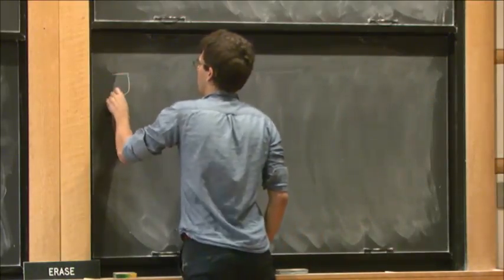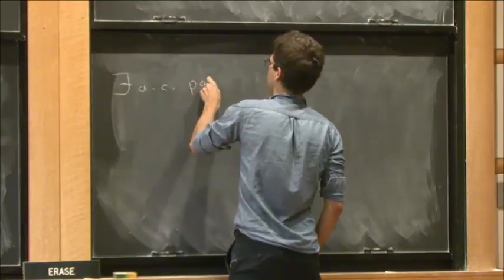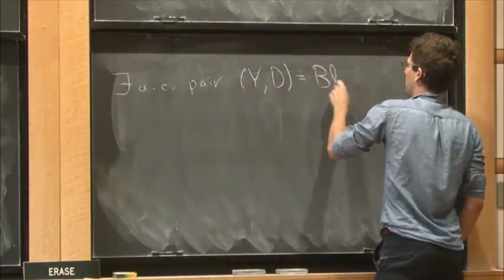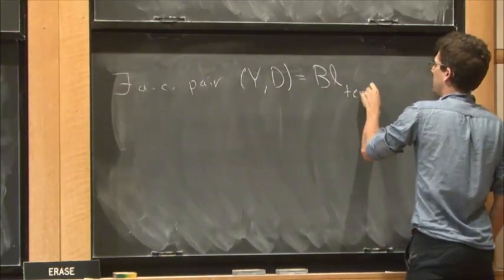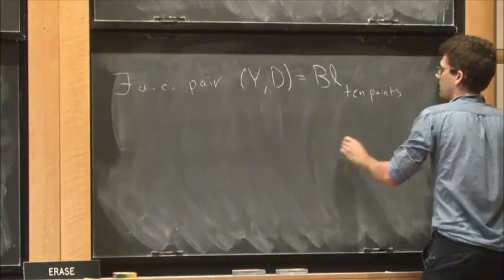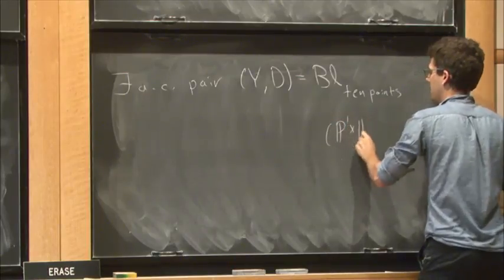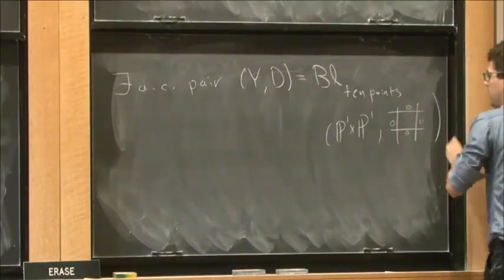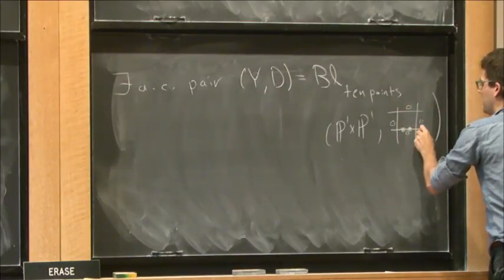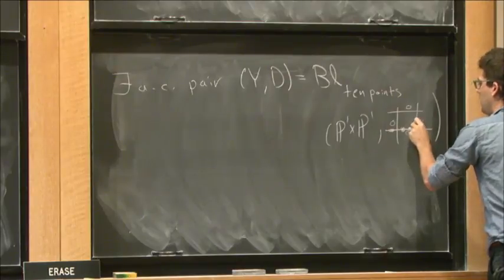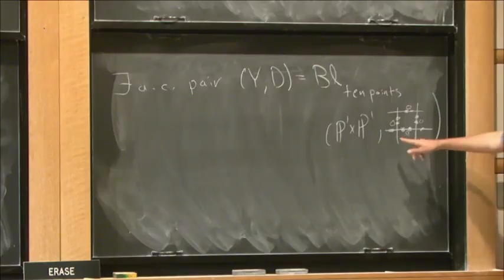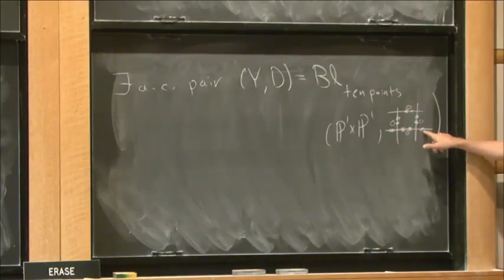So first of all, there exists an anti-canonical pair YD. In particular, if I blow up P1 cross P1 at 10 points on an anti-canonical square, then I will get an anti-canonical pair YD, because this decreases the self-intersection by 4, and these blow-ups decrease it by 2.